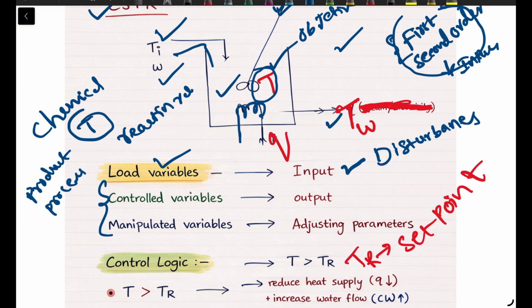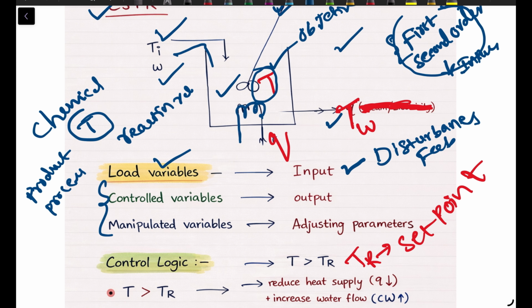Suppose, for examples, that may be the feed temperature, or maybe feed flow rate, or maybe cooling water temperature. So these variables may change, maybe due to external conditions, and disturb the system. That's called the load variables.